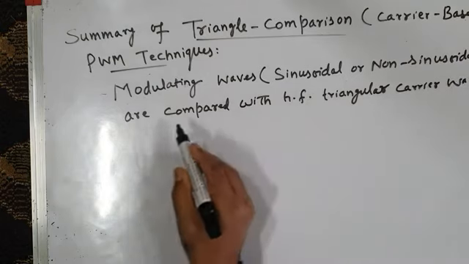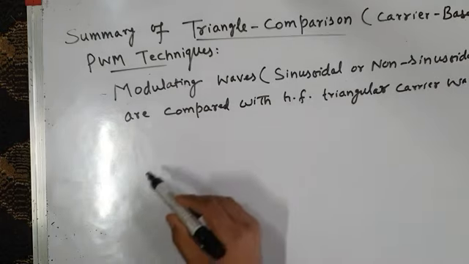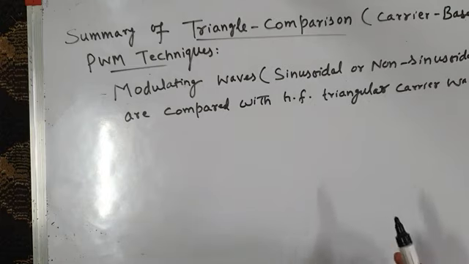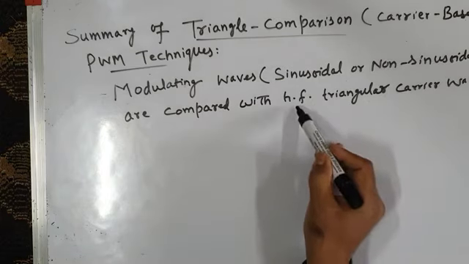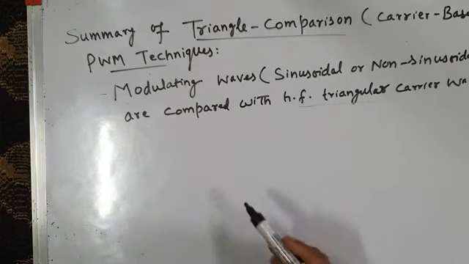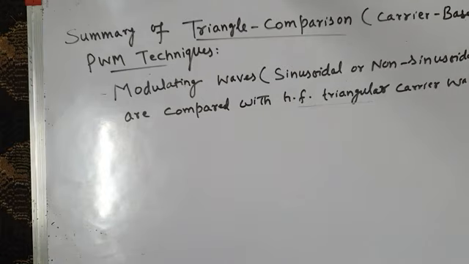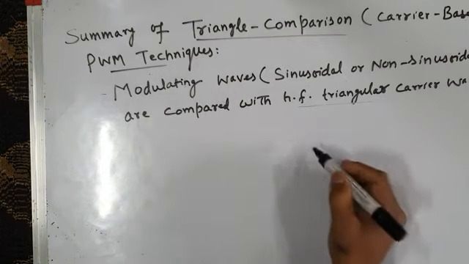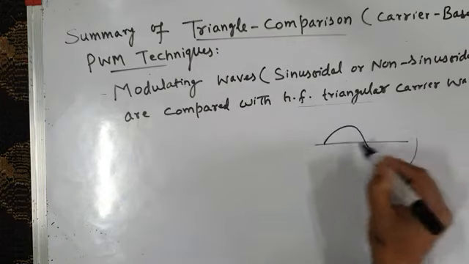The frequency of modulating wave will determine the frequency of inverter output voltage. That's the fundamental frequency. And the frequency of triangular carrier wave will determine the switching frequency of various IGBT switches of the inverter.